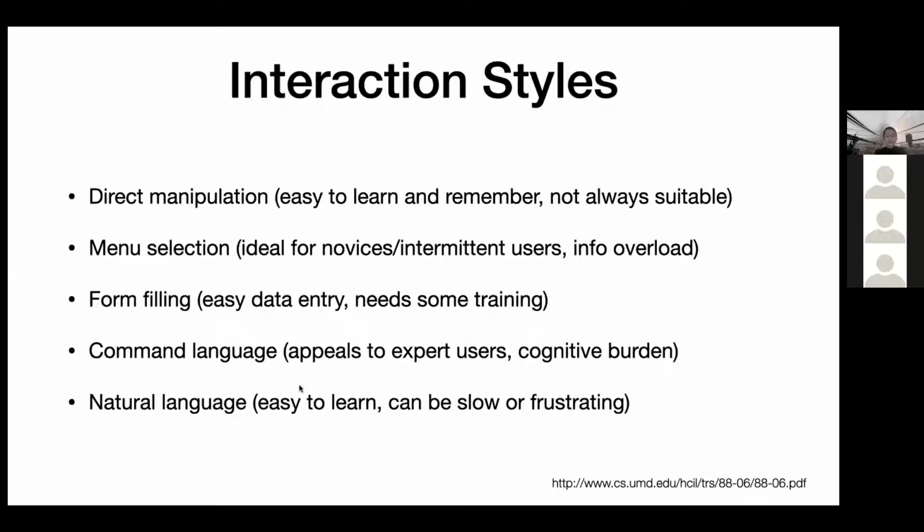Menu selection is another interaction style. These things came by when graphical user interfaces came into being. So y'all are familiar, you just have drop-down menus and you can go from one part of a website, let's say from the home page to another part, just by going through these menu options.